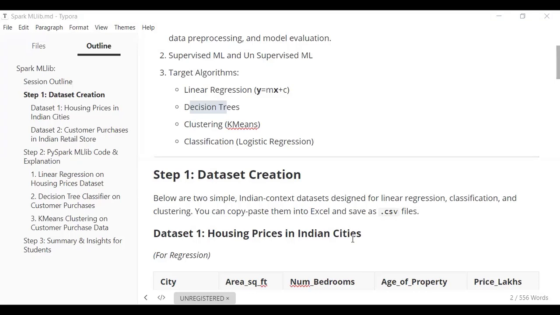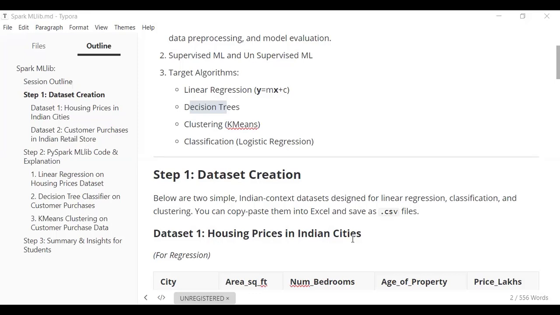The second thing is that it is a scalable machine learning library. It's not like the normal ML library we use rarely, like scikit-learn. Similarly, it is a machine learning library which is scalable and comes from Apache Spark.